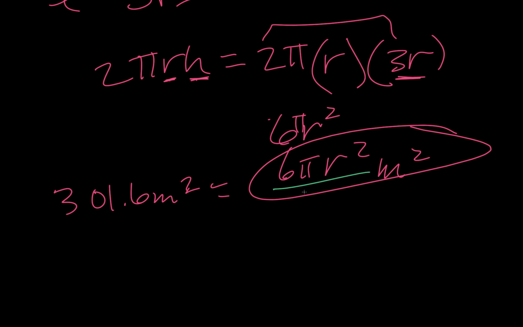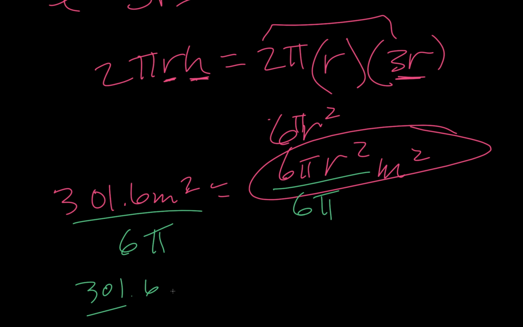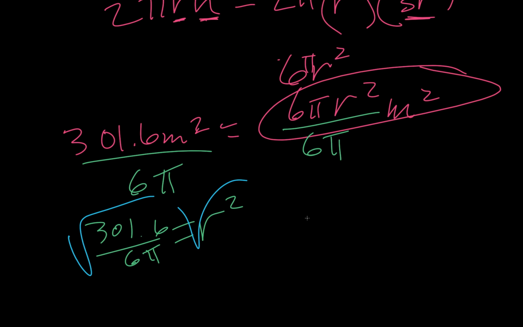So we're going to divide by 6 pi. And then we have 301.6 over 6 pi equals r squared. Then we square root both sides. And if we plug that into a calculator, it's approximately 4.00.